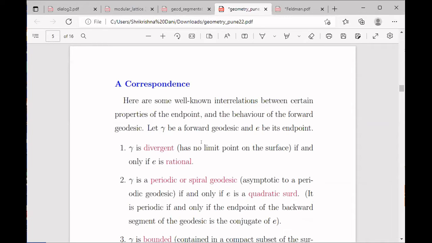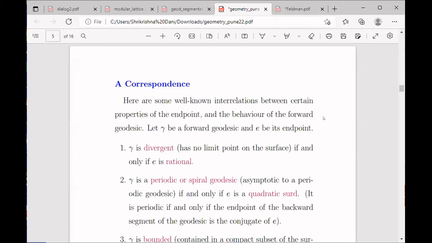The positive trajectory is divergent, namely it has no limit point on the surface, if and only if E is rational. One thing I forgot to mention is that the endpoint of a geodesic in the hyperbolic plane is uniquely defined.